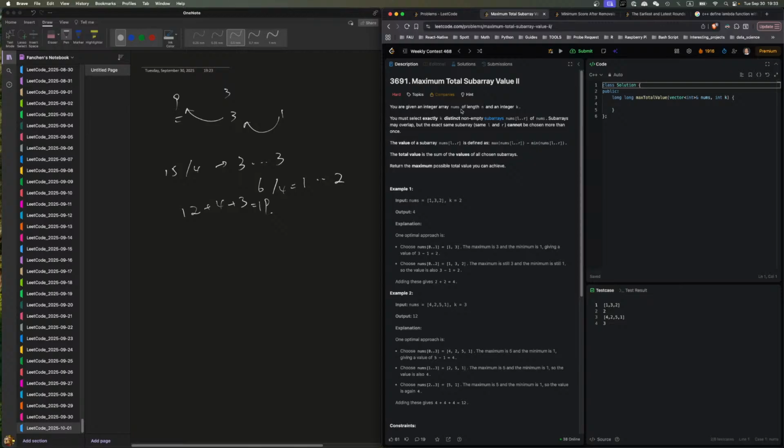Given integer array nums of length n and integer k, you must select exactly k distinct non-empty subarrays. Subarrays may overlap, but the exact same subarray cannot be chosen more than once.